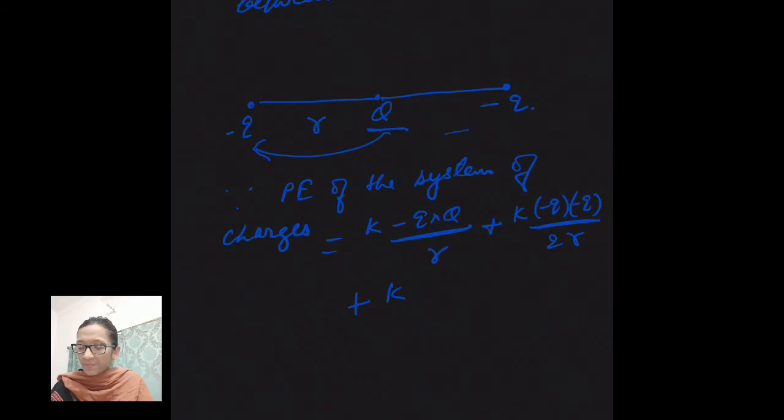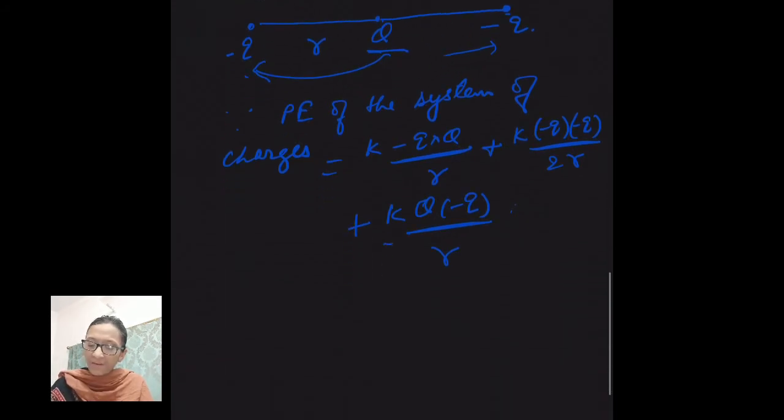So now we will find its potential due to the presence of the third charge: Q into minus q upon R. So this is the net potential, because the third charge's potential was already added while we were doing the first charge and second charge. Okay, so this is the net potential.